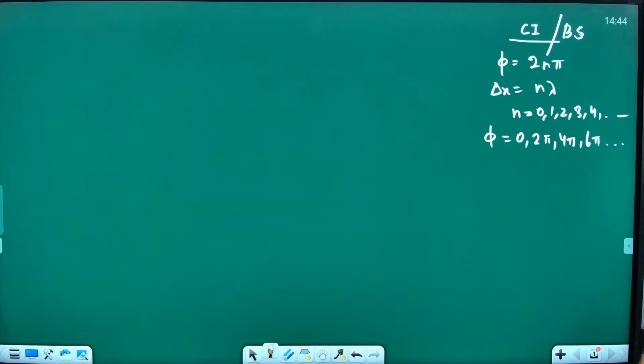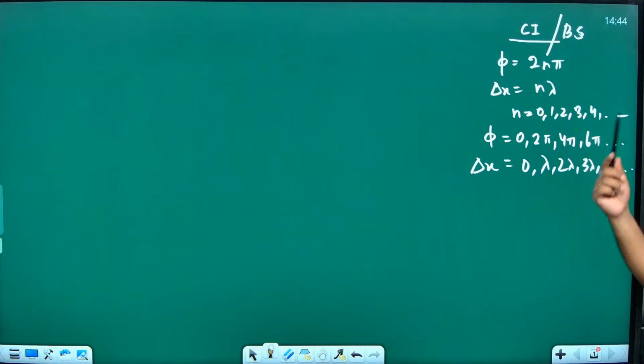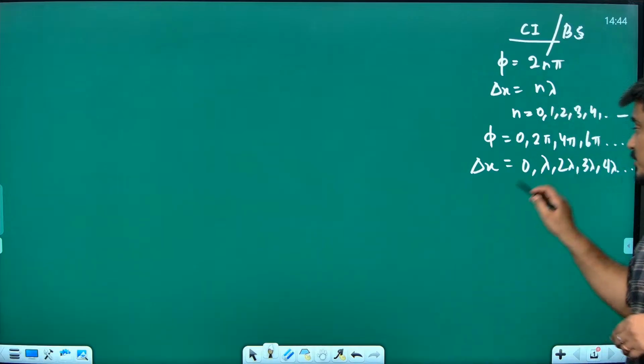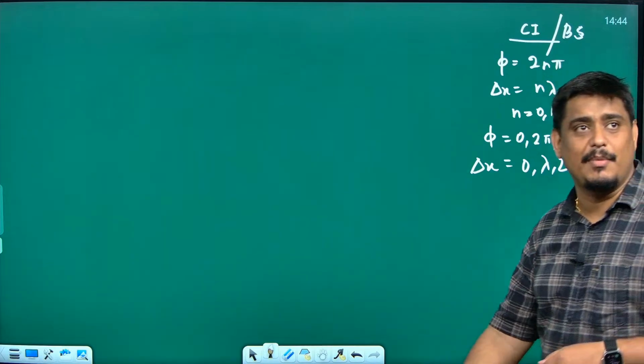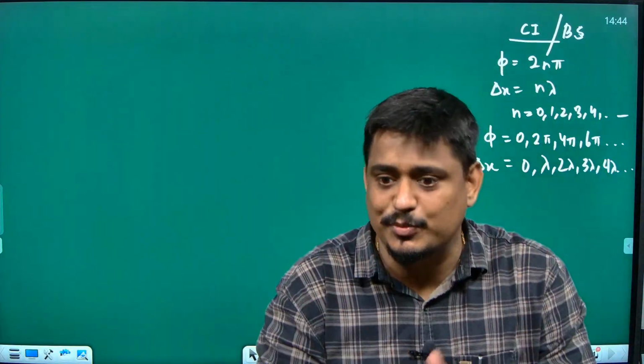Or the path difference delta x should be 0, lambda, 2 lambda, 3 lambda, 4 lambda and so on. Put n equal to 0 in the formula and it becomes 0, put 1 and it becomes lambda, then 2 lambda, 3 lambda, 4 lambda and so on. It means when two waves have a path difference of 0, lambda, 2 lambda, 3 lambda, 4 lambda, they interfere and make a bright spot.